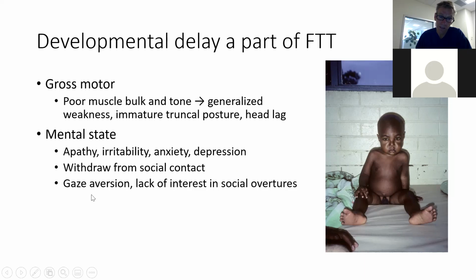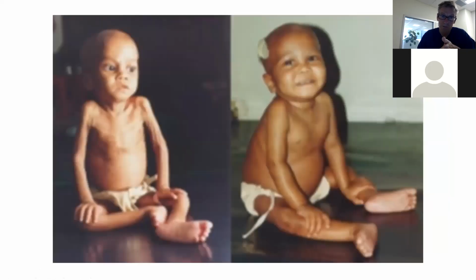Often they'll have gaze aversion, so they won't look the parent in the eye, or they'll have a lack of interest in the social overtures that a mother or another adult shows to the child. So this assessment of the child's mental state becomes very important.